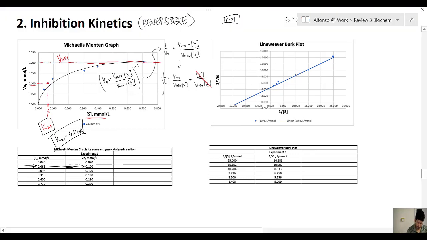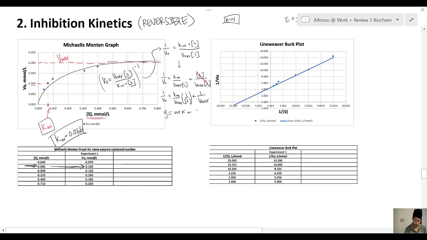Now I'm going to cancel out this right here, and rewrite it as 1 over initial velocity is equal to Km over Vmax times 1 over substrate concentration, plus 1 over Vmax.